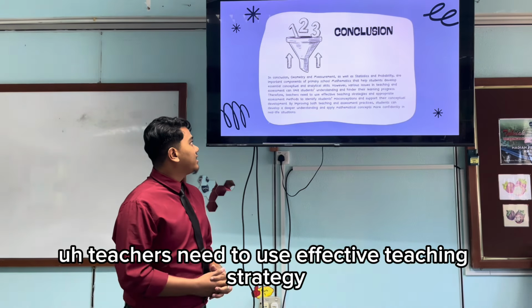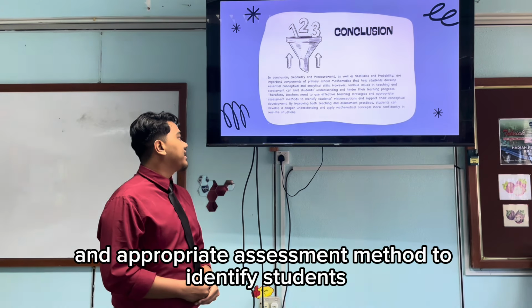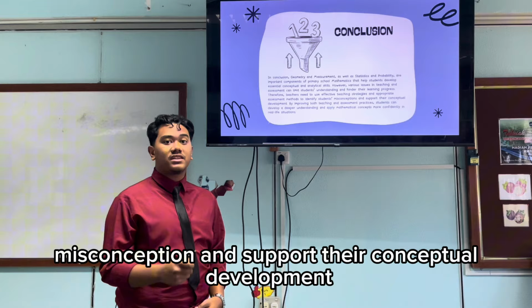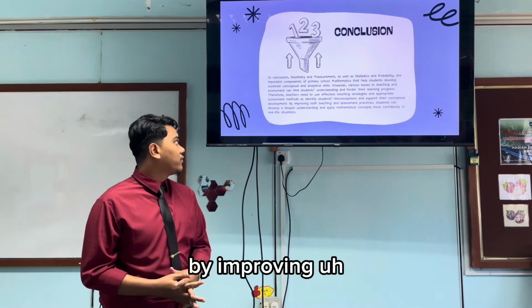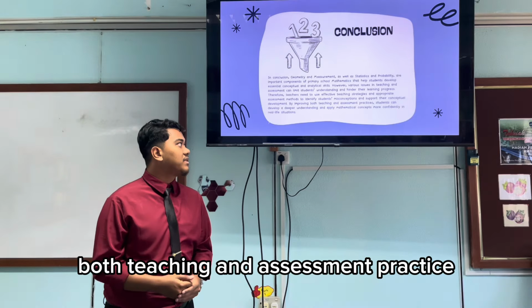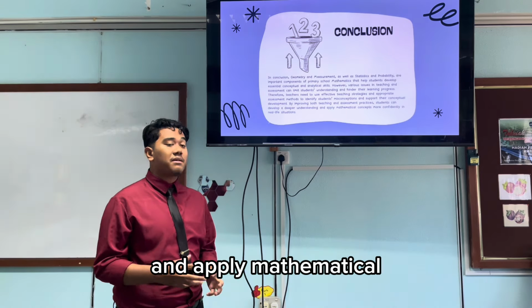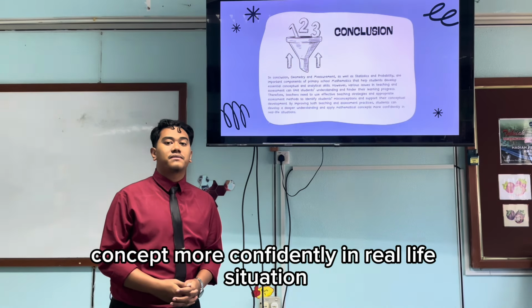Therefore, teachers need to use effective teaching strategy and appropriate assessment method to identify students' misconception and support their conceptual development. By improving both teaching and assessment practice, students can develop a deeper understanding and apply the mathematical concept more confidently in real life situation.